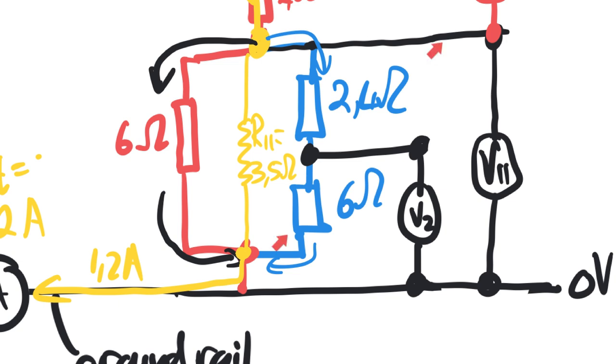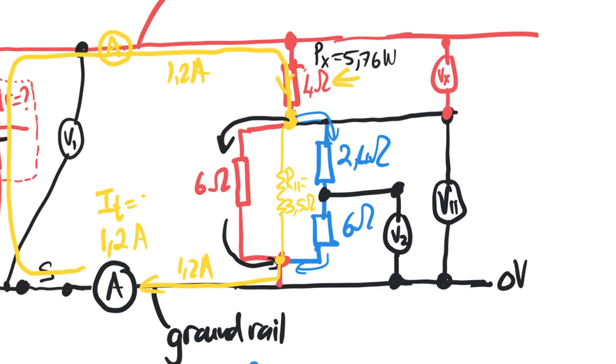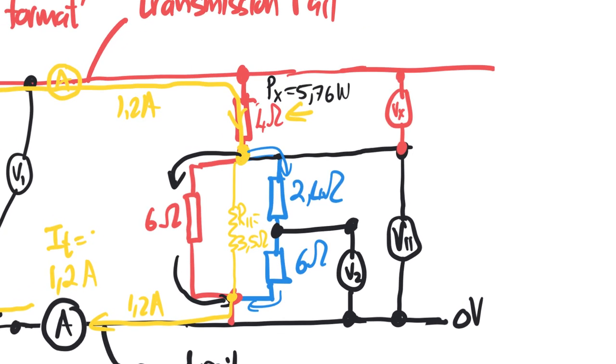So now we can see, once again visually, that the total current is going to flow through the 4 ohms and then effectively through a 3.5 ohm resistor before it reaches the ground rail. So 4 plus 3.5 is going to give us 7.5 because these two resistors are in series.